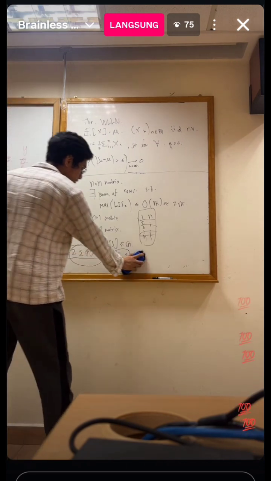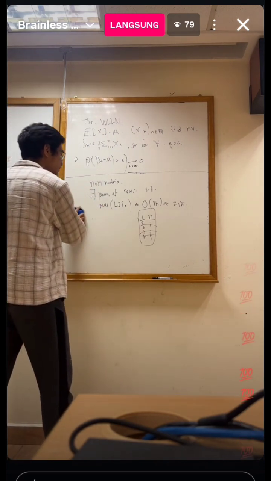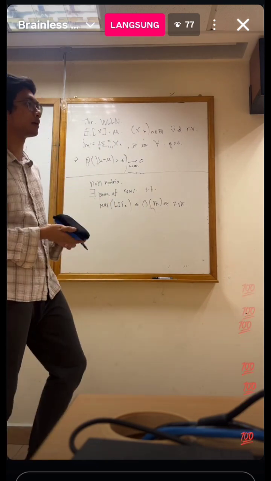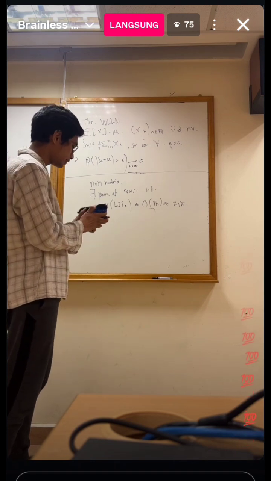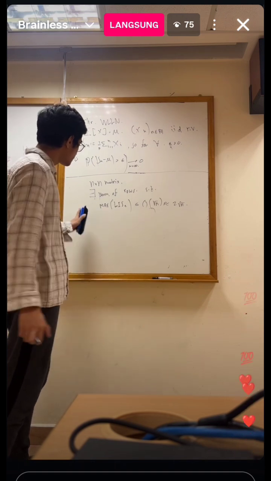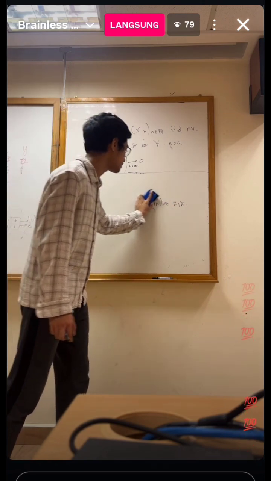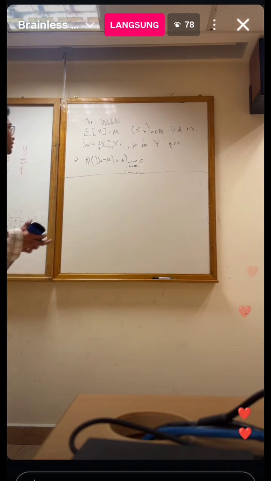So there you go. This is one problem I've been thinking about for quite a while, and I don't know the solution yet. I think most likely I will read the solution, because it uses a lot of approximation, which I'm not very familiar with.